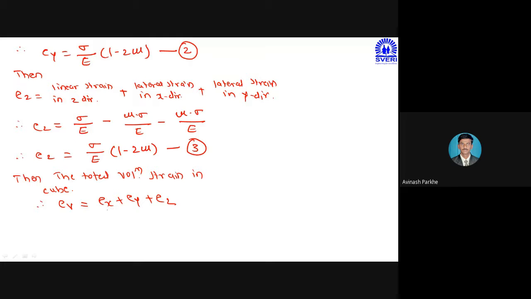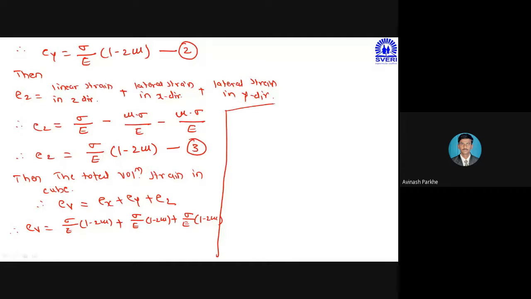Epsilon x represents the strain induced in x along length, epsilon y represents strain induced in y, means along depth, and epsilon z represents the strain induced along the z axis, means along the width, means it represents the total volumetric strain. Therefore, epsilon v is equal to, if I put the values, epsilon x is equal to sigma upon E in bracket 1 minus 2 mu plus sigma upon E in bracket 1 minus 2 mu plus sigma upon E in bracket 1 minus 2 mu.